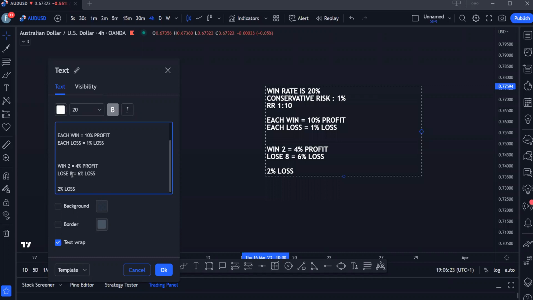The 2 trades that you win, each giving you 10% profit, times 2 gives you 20% profit. So with the 2 trades that you won, you would have grown your account by 20%. The 8 trades that you lost would have just given you 8% loss. So at the end of the day, you'd still be in profit of 12%.